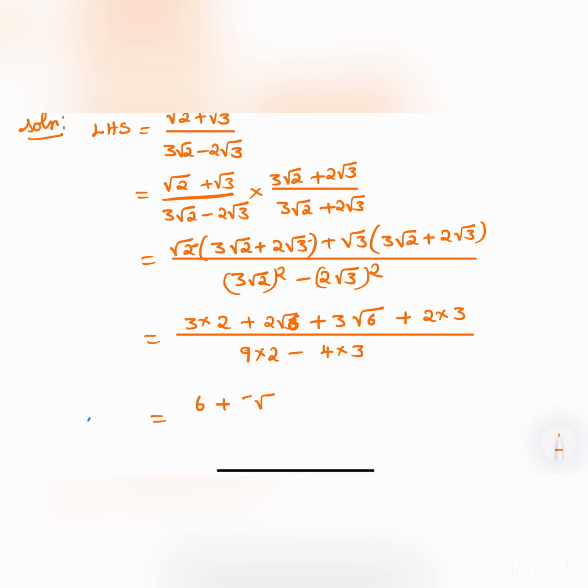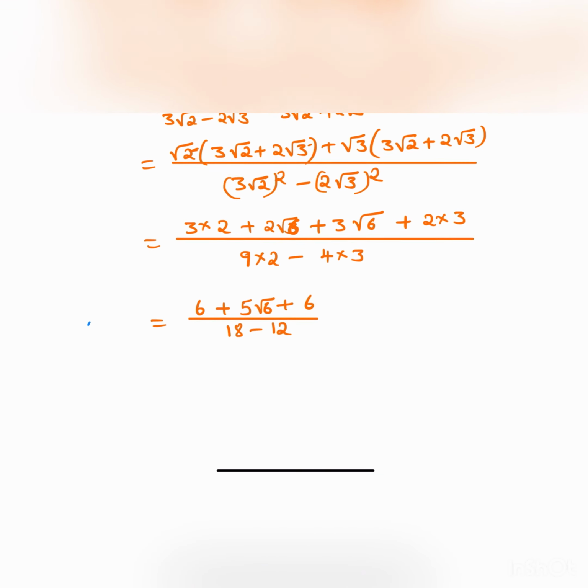We will get 5 root 6 plus 2 3s are 6 divided by 18 minus 12. And next, after further simplification, 6 plus 6 we can add, 12 plus 5 root 6 divided by 6.